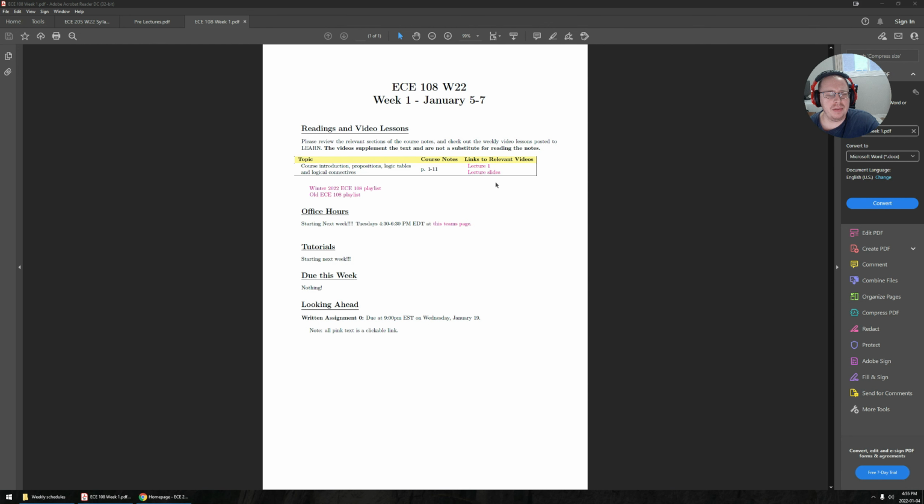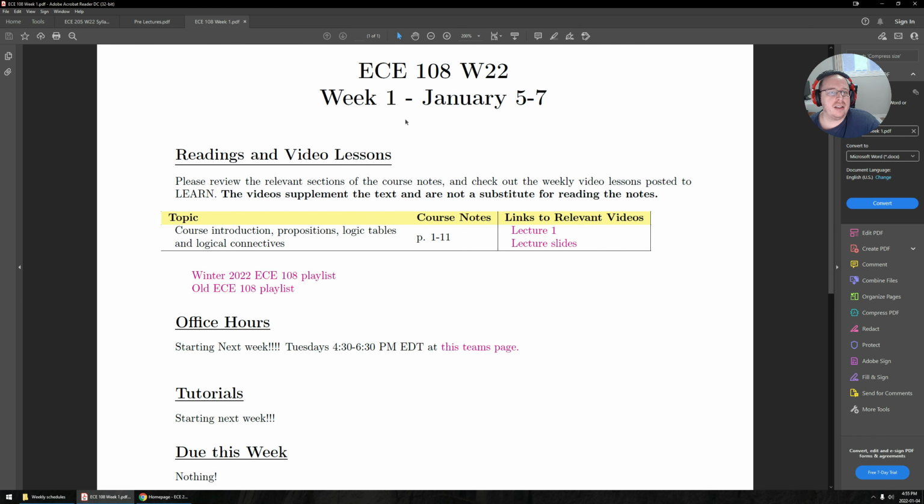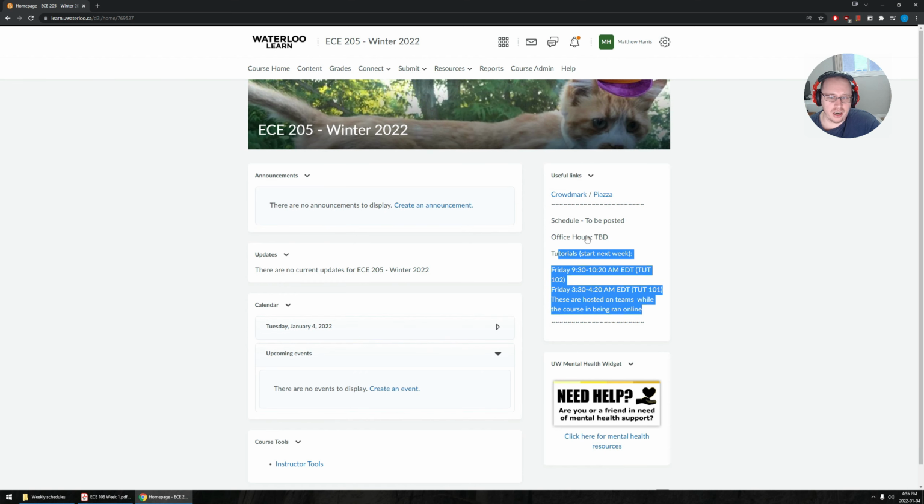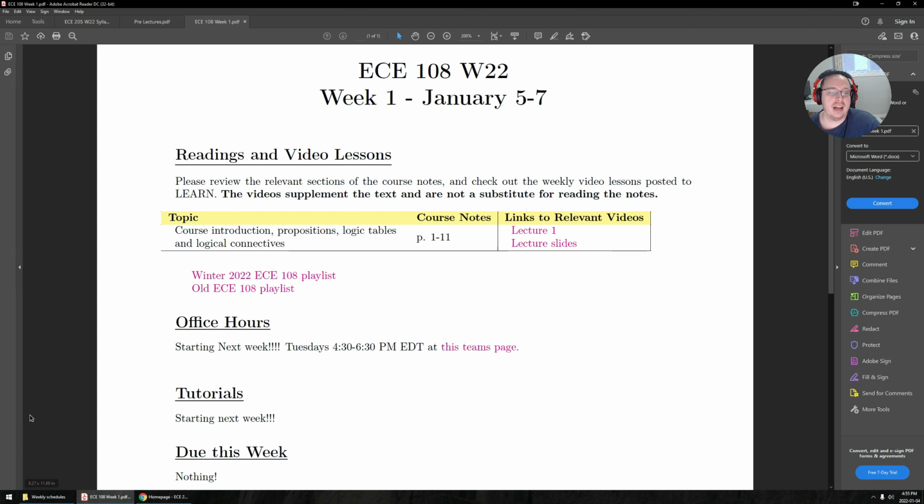So let's briefly talk about a sample weekly schedule. I'm also teaching ECE 108 this term, so I'm just going to use their sample schedule because it's already done. If you click on this link for schedule, it'll go to the Learn page for that schedule. Here's the type of things you can find in a schedule.